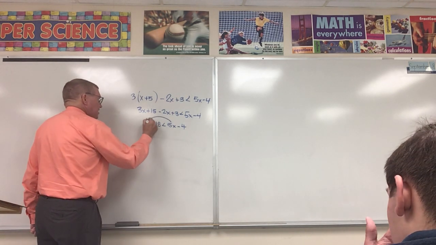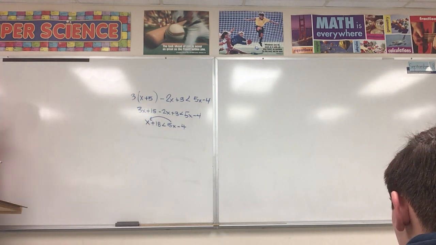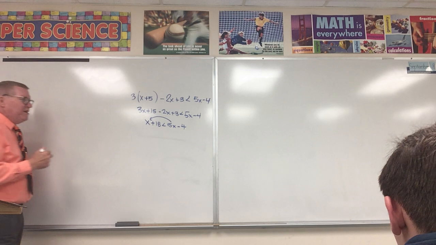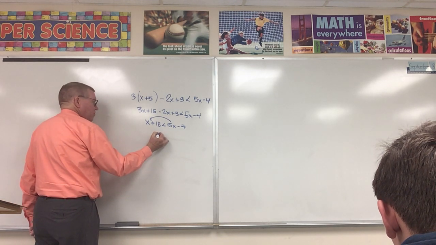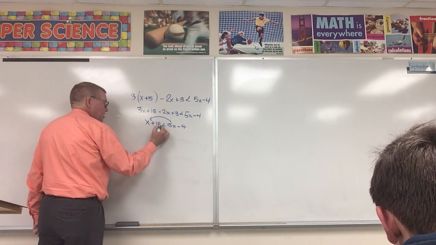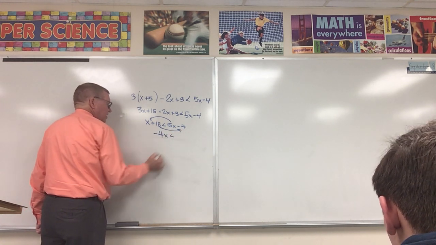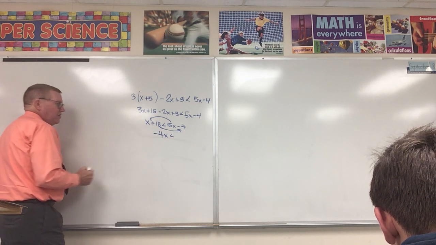I'm just going to do it on this side, just for sake of review here. So I take the 5x over this side, and I make that negative 4x. I take the 18 to this side, that's going to make that negative 22.